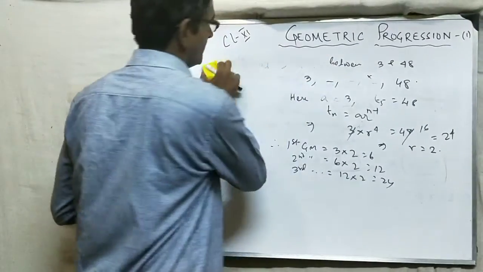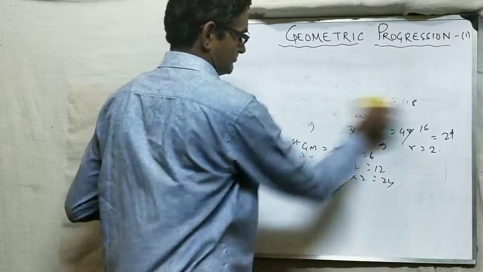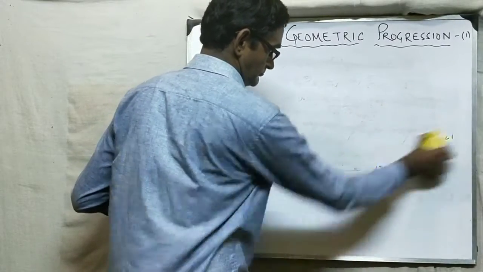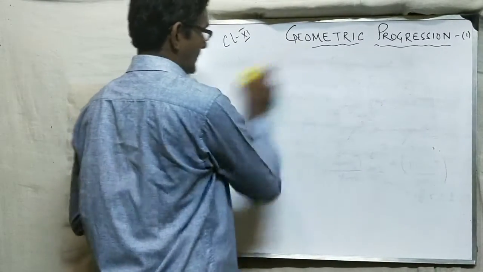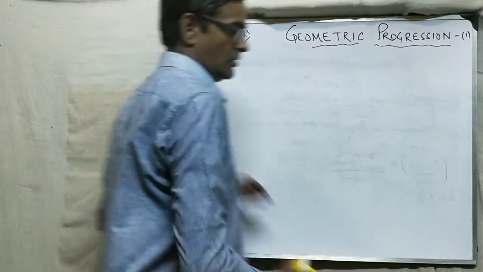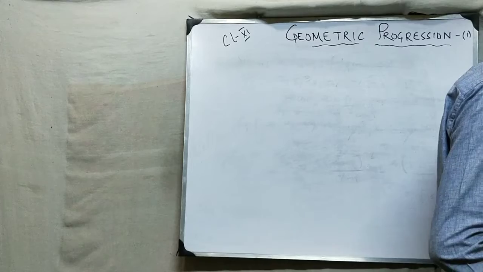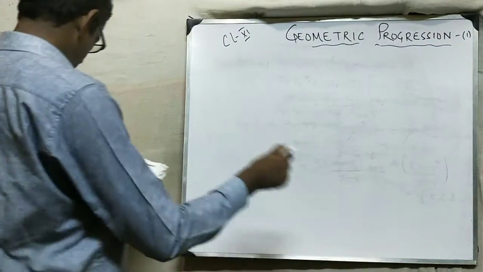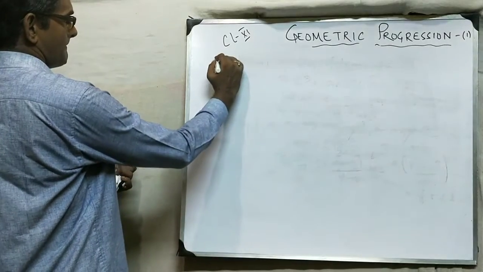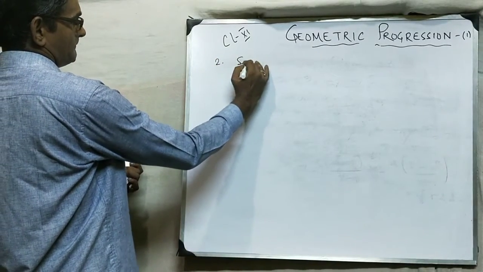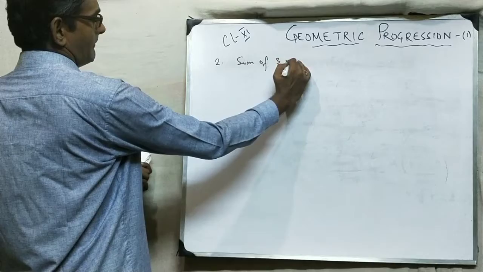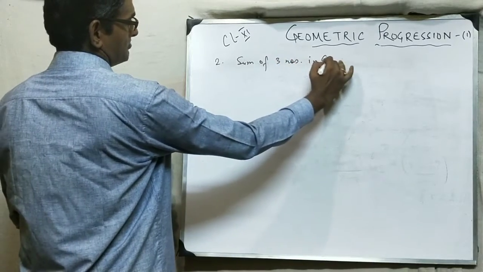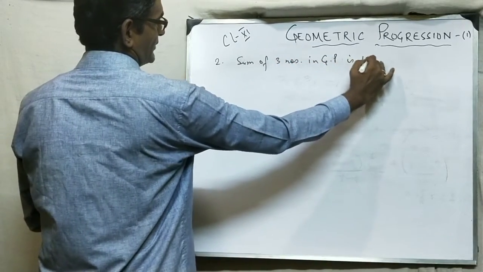Now we are going to question number 2. See what the question is: the sum of three numbers in GP is 14.